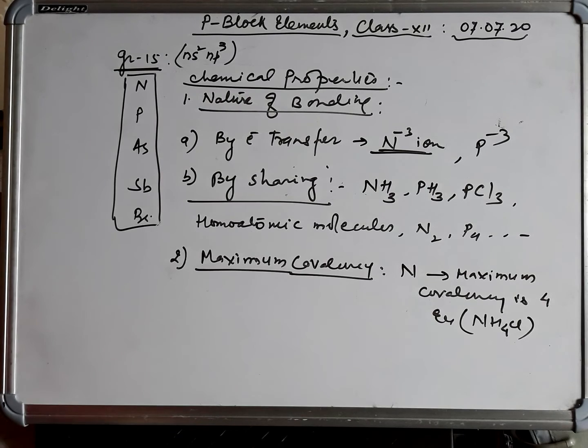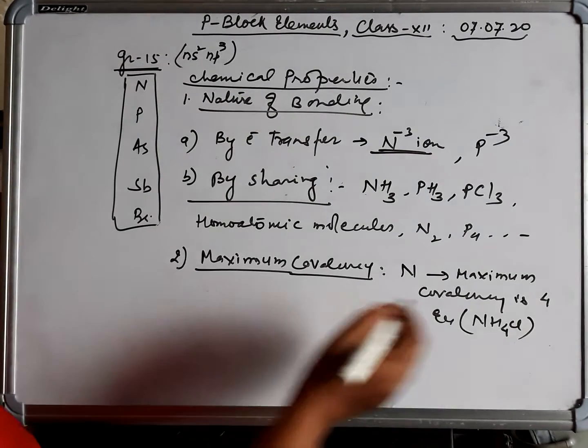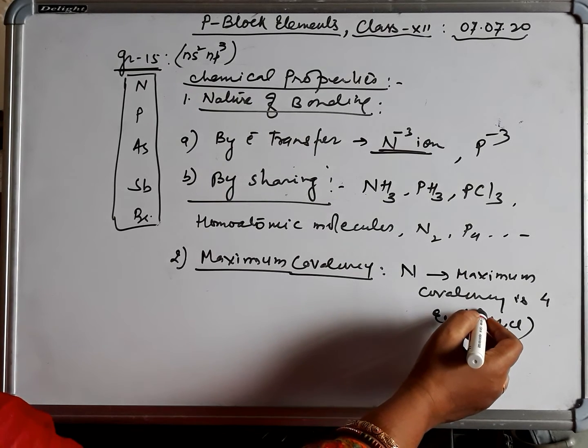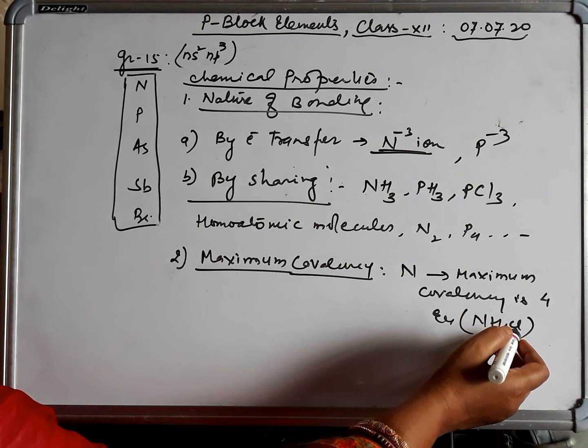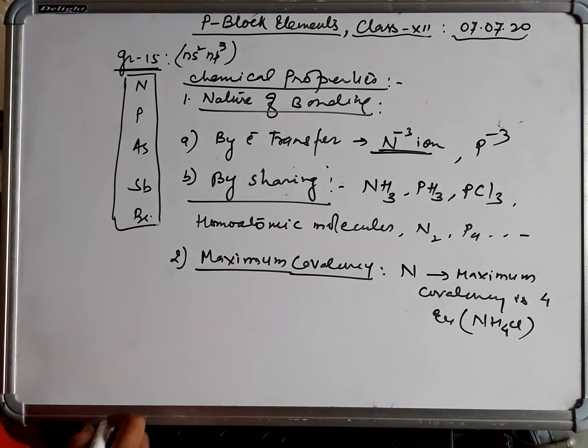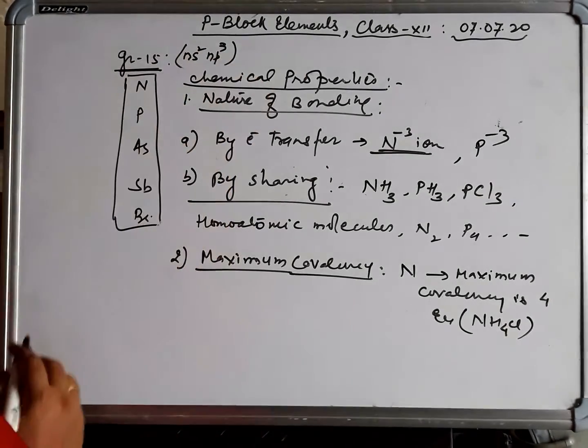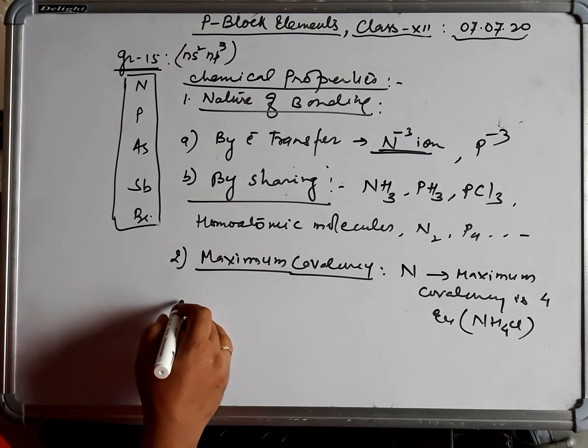Valency 4 arises when nitrogen donates its electron pair to the chloride ion. And other members can show a maximum of 5, with all the electrons involved in the formation of bonds.